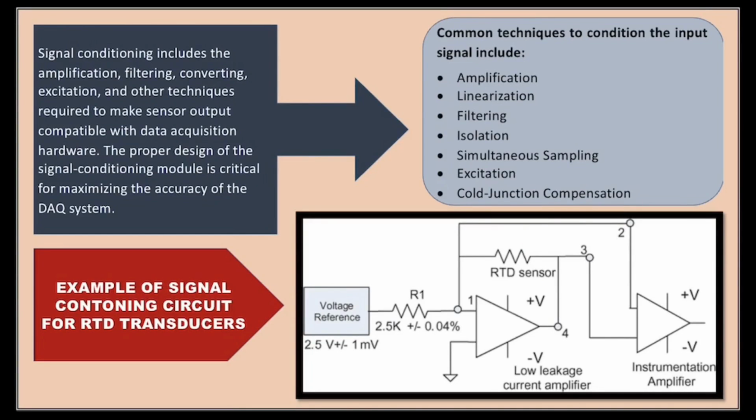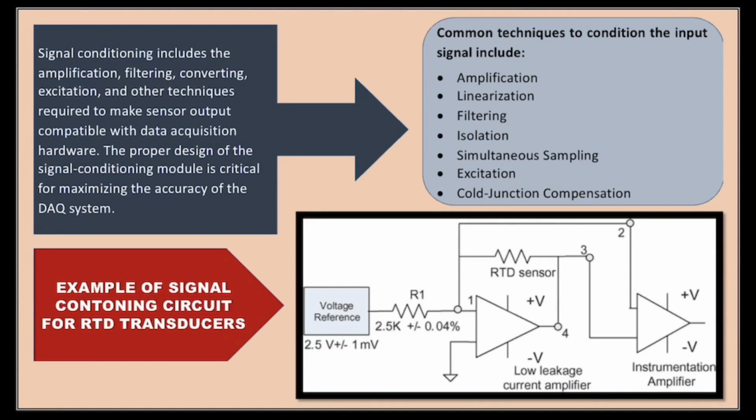Signal conditioning includes amplification, filtering, converting excitation, and other techniques required to make the sensor's output compatible with the data acquisition hardware. The proper design of the signal conditioning module is critical for maximizing the accuracy of the DAQ system.